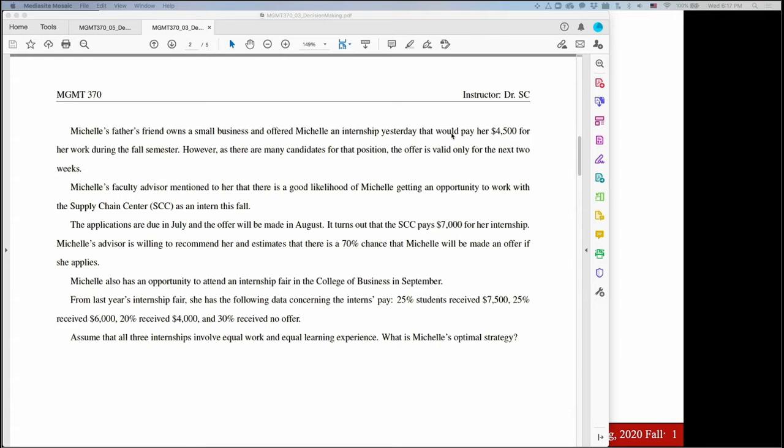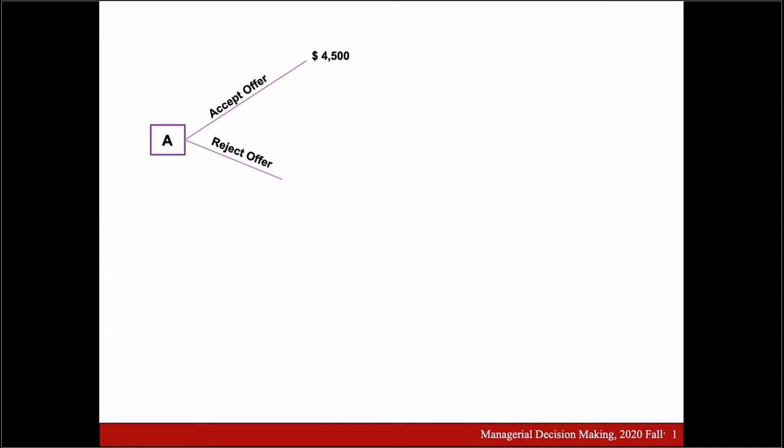So in this case we have only two possible scenarios. Now we can draw this decision node. At the very first, we start with node A. We have accept offer or reject offer. So we have these two different decisions.